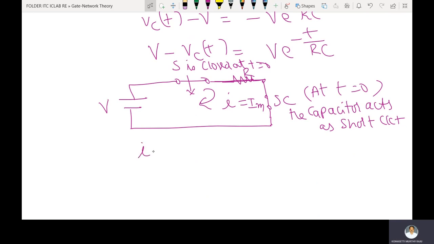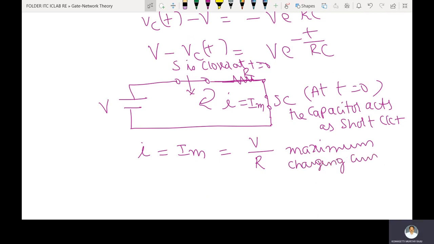The current I is equal to Im is equal to V by R. That is the maximum charging current at t is equal to 0.